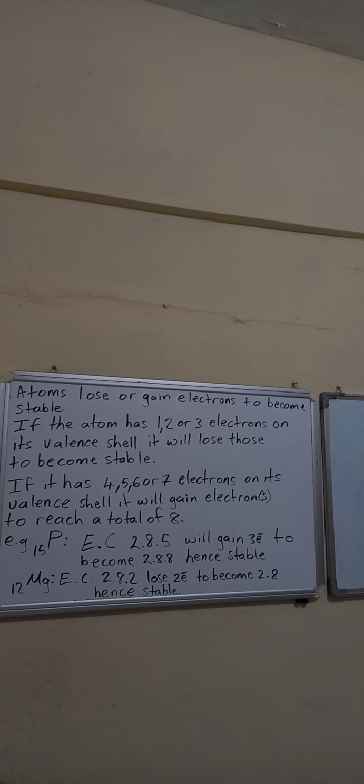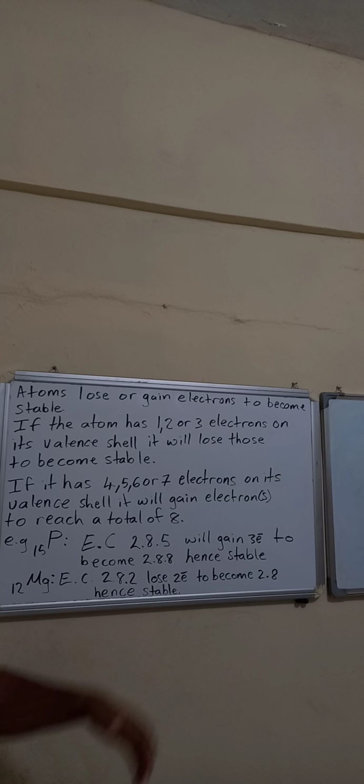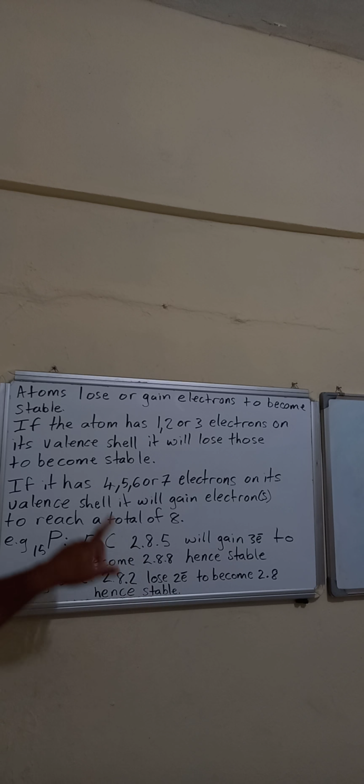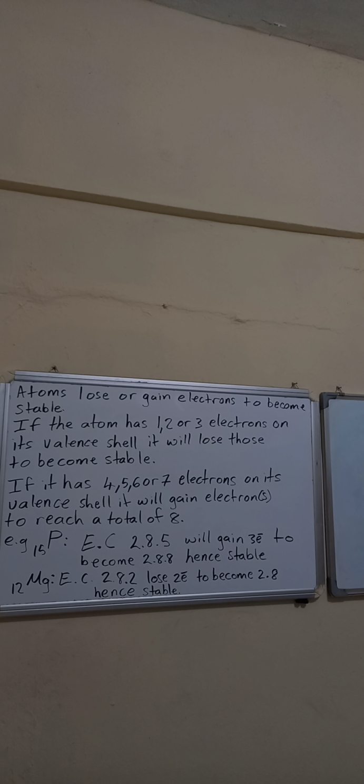So for example, with phosphorus, the atomic number is 15. So its electronic configuration would be 2, 8, 5. So this means that if phosphorus has 5, remember, if it has 4 to 7 electrons, it will gain the required amount of electrons to reach 8.